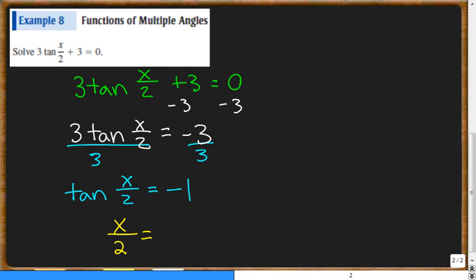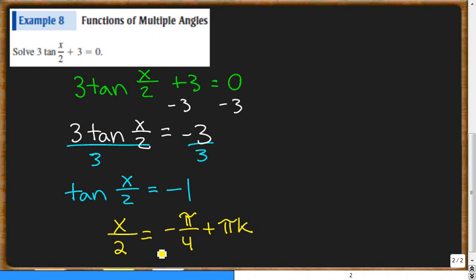So we're going to know that the tangent is negative 1. First place where that occurs, if you did the inverse tangent here, you would get negative pi over 4, and then plus pi k.